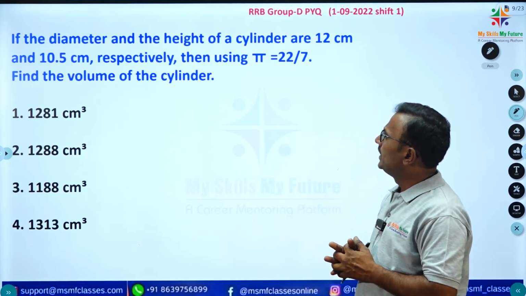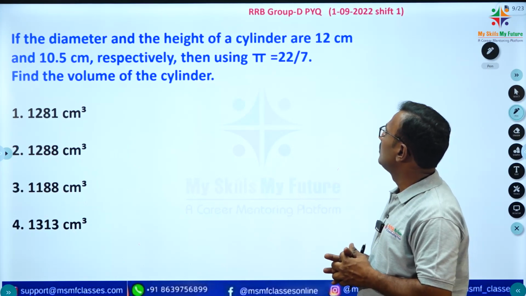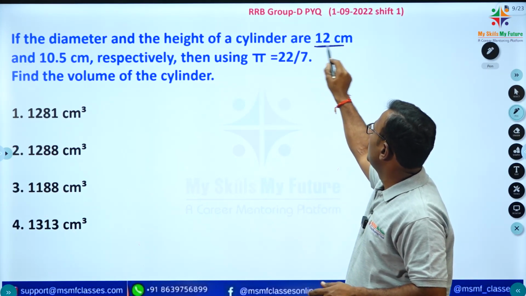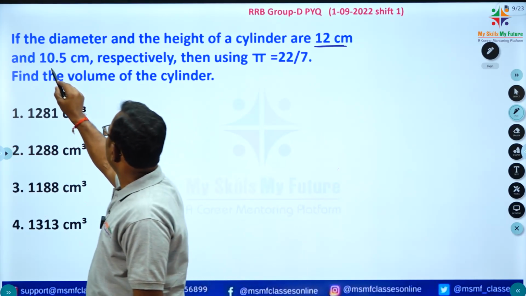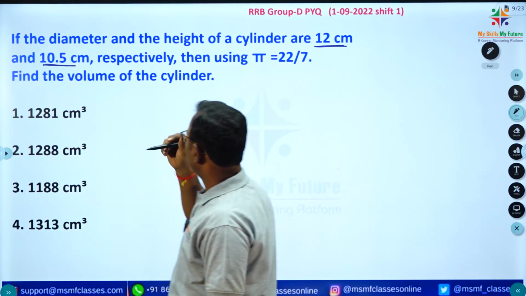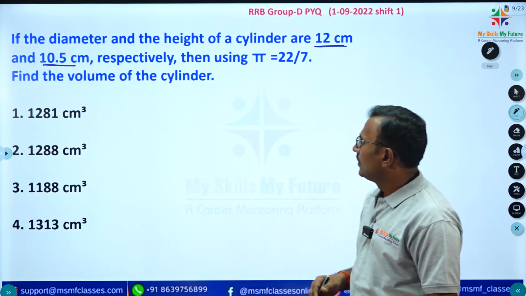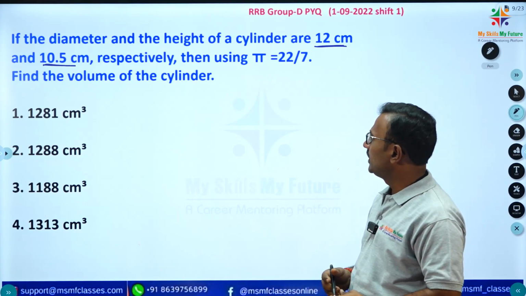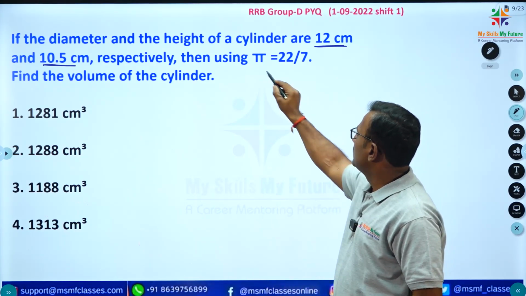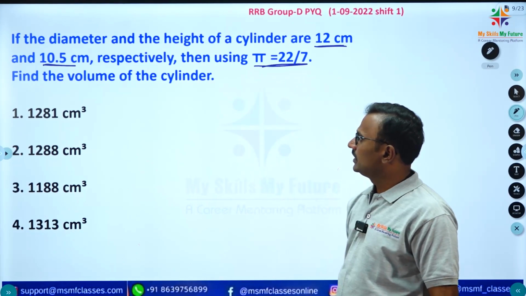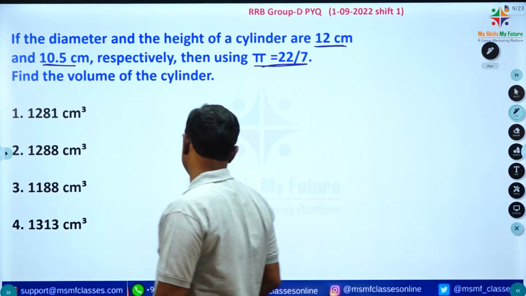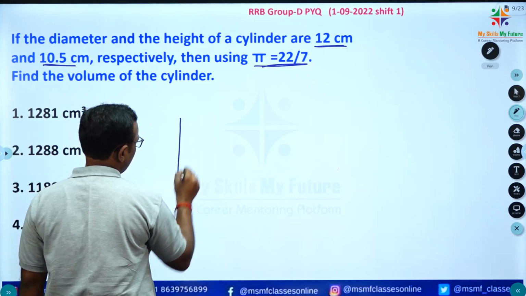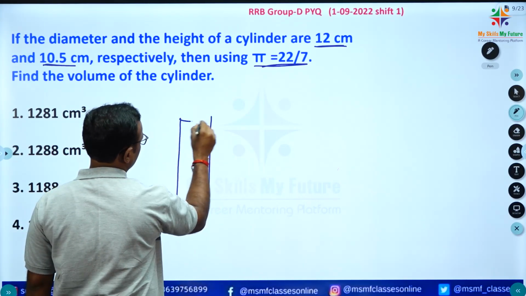If the diameter and the height of a cylinder are 12 centimeters and 10.5 centimeters respectively, then using pi equal to 22/7, find the volume of the cylinder.